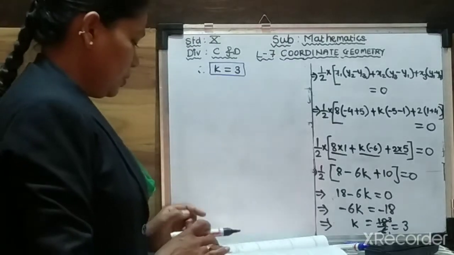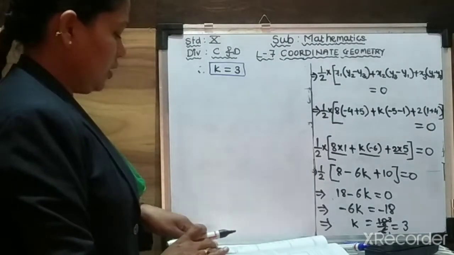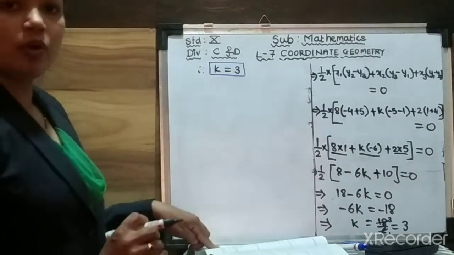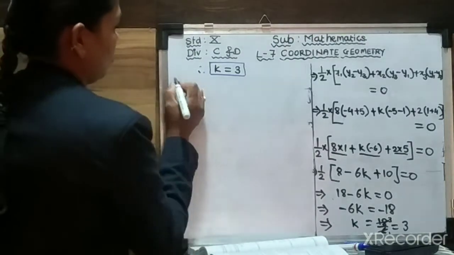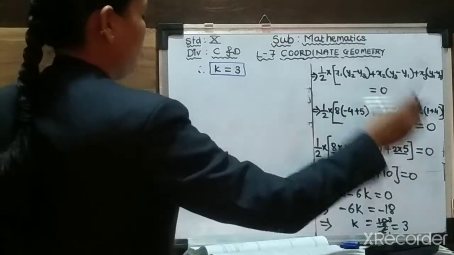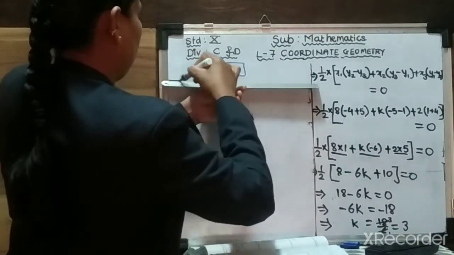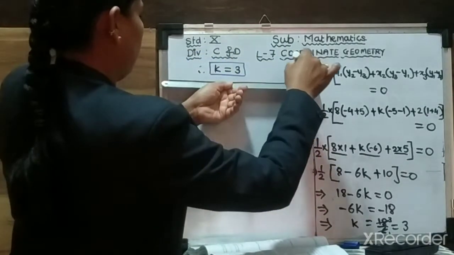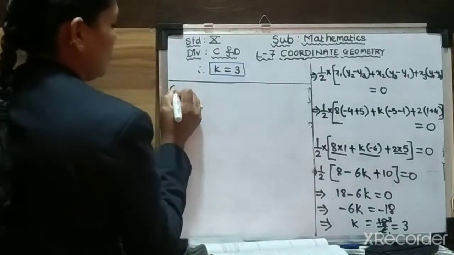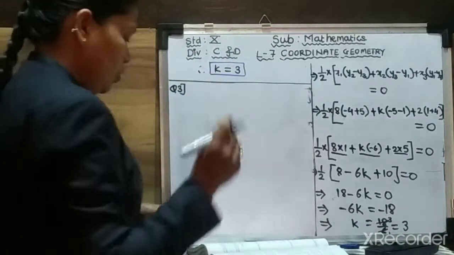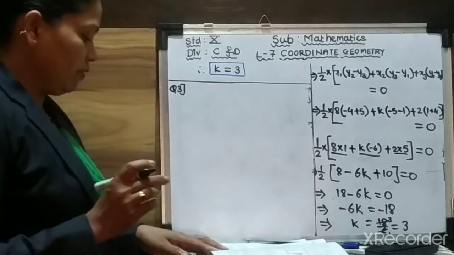So, second one done. Now we will move towards question number 3. Have you understood this one? Now in question number 3, what is given?